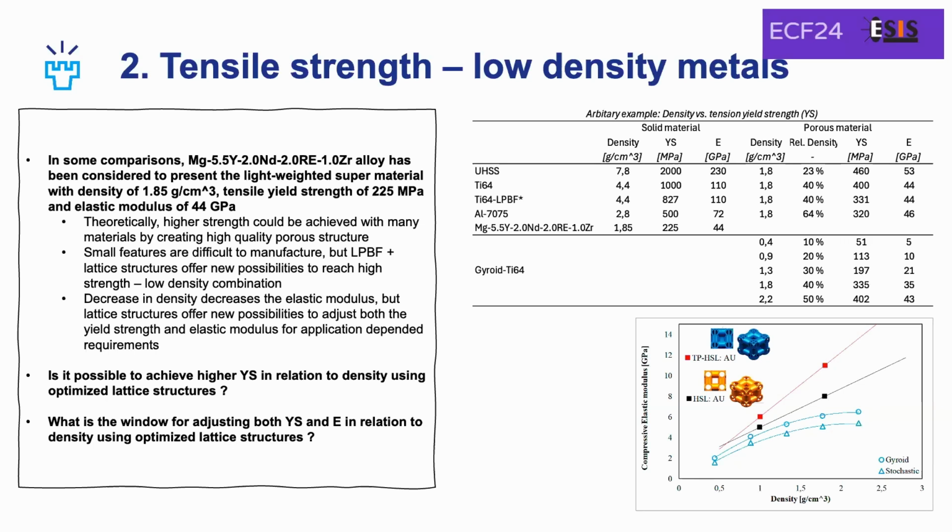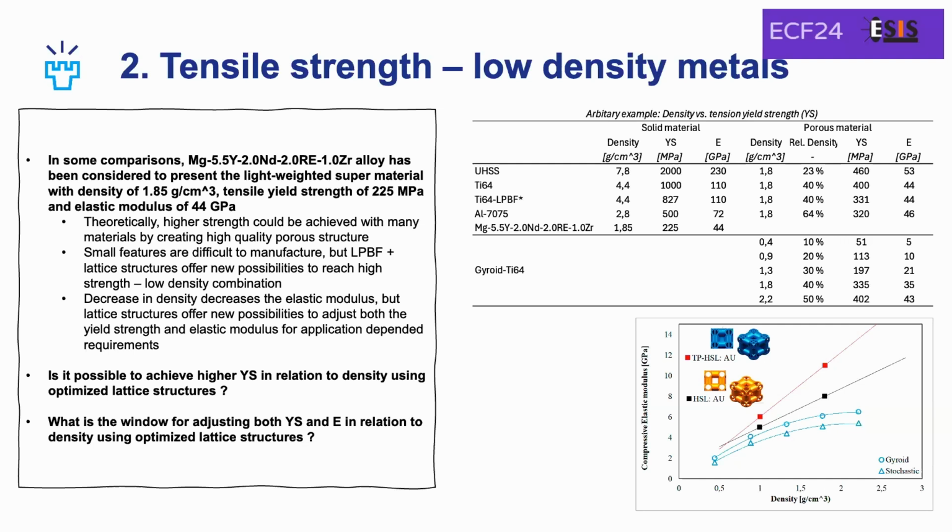So here I have compared some of the results from an Australian group that were aiming to make lattices as stiff as possible, in contrast to our objectives, where we tried to decrease the elasticity to meet the elasticity of the bone. So just to show that these lattice structures give us a possibility not only to control the strength and the density, but also the elasticity.